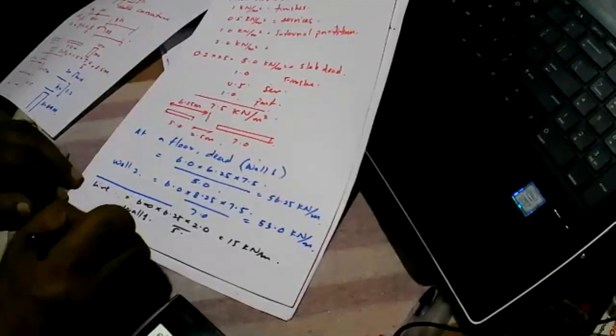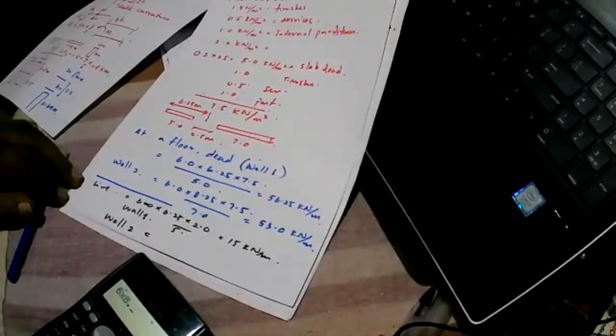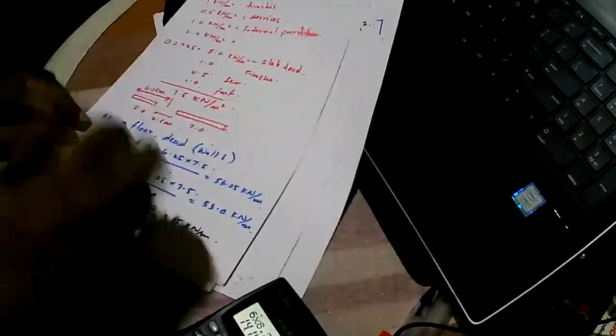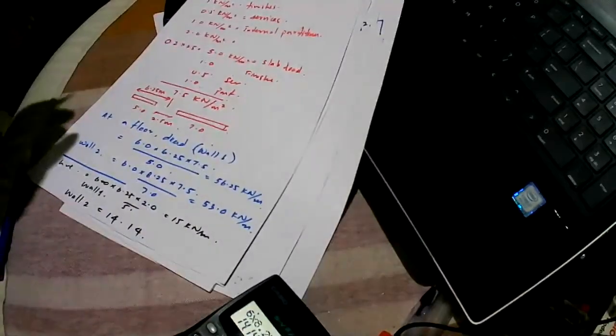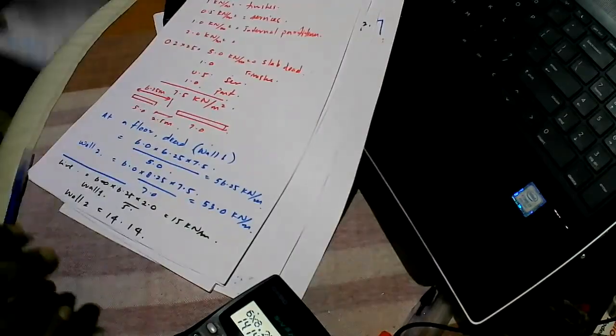On wall 2, you get the answer as 6 into 8.25 multiplied by 2 divided by 7, which is 14.14 kilonewtons per meter. So these are the loads acting on the wall.